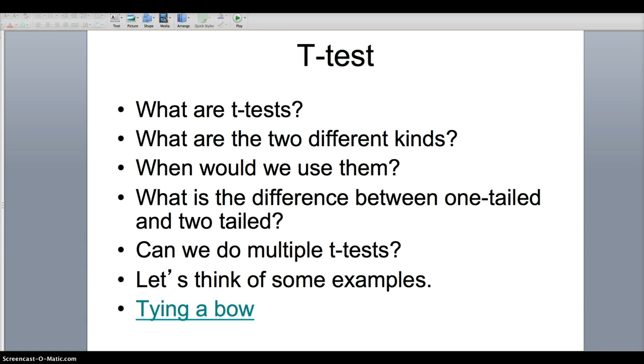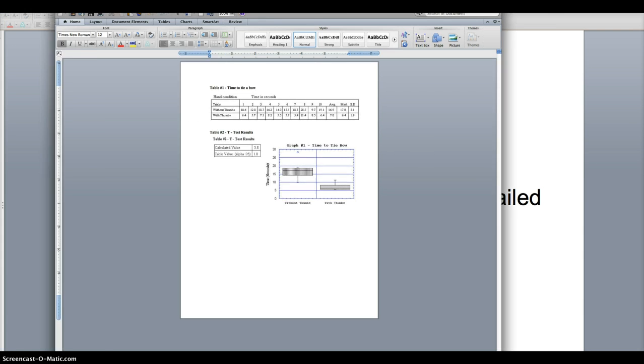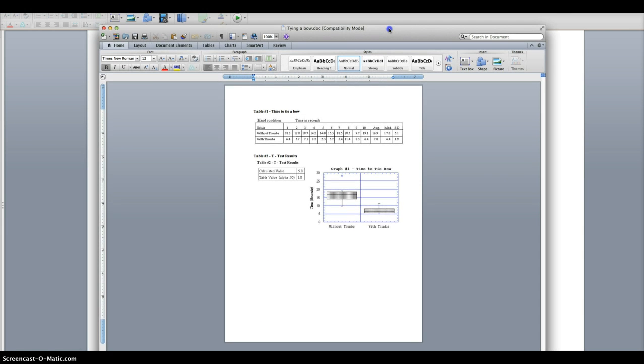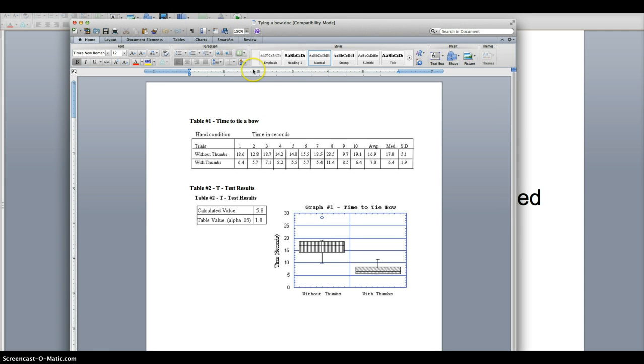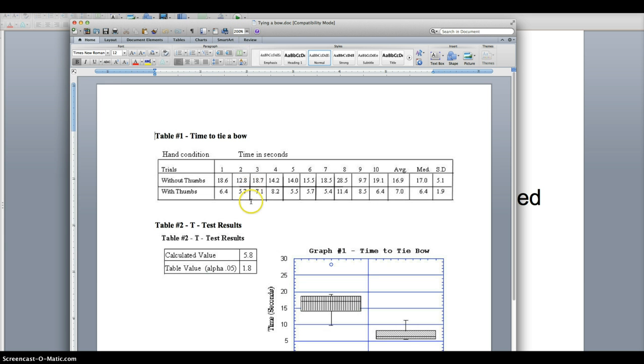So just as an example, let's say that I wanted to determine whether or not having thumbs when you're trying to tie a bow was important. I could divide into two groups, a group with their thumbs free, and a group without their thumbs, meaning that their thumbs were tied to their hands, and ask them, how long does it take you to tie a bow on your shoe?